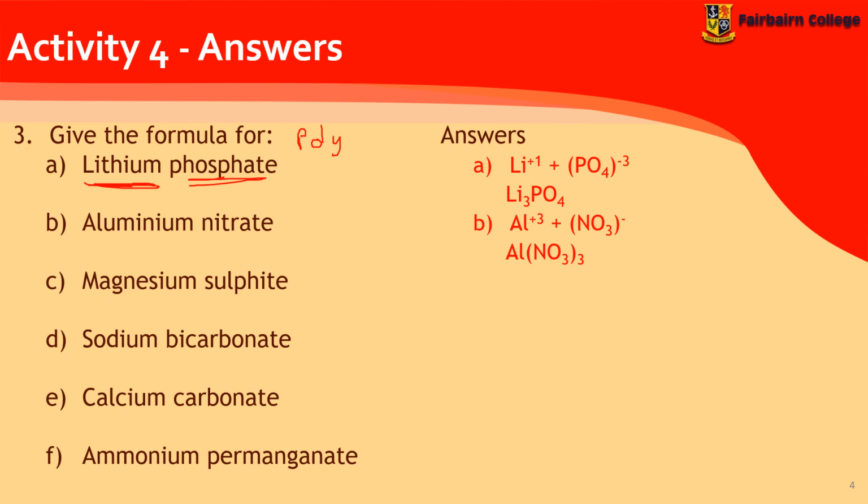Okay, then magnesium sulfite, Mg +2, sulfite is SO3 -2, and then the 2's basically cancel out, so then it becomes MgSO3. Okay, so there was actually a middle step here that would have been Mg2SO3 in brackets, and then a 2 outside of the brackets, but then the 2's cancel out, and it's just MgSO3.